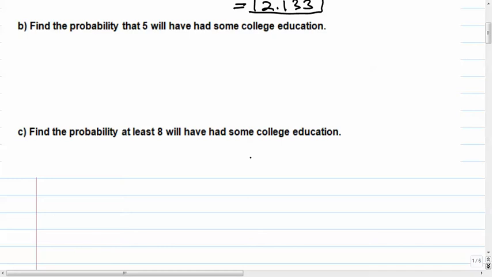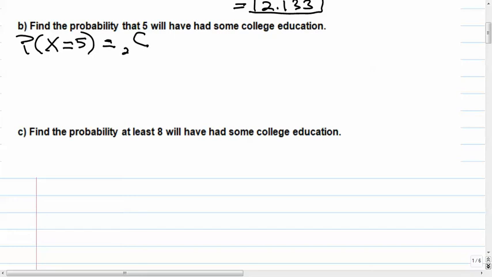The next question is, what's the probability that 5 will have some college education? So, again, we're counting success, and we want to know the probability that we see 5 successes, meaning 5 people out of 20 have some college education. Well, for the binomial, if you're trying to calculate a probability that is equal to a number, you have to use the formula.